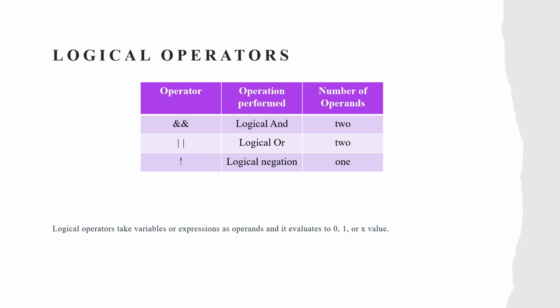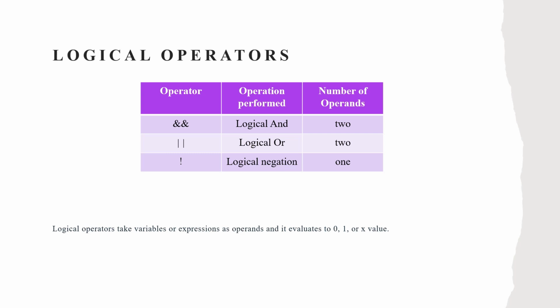If either of the operands is unknown, then the result will be unknown as well. The logical negation operator will convert a non-zero or true operand into 0 and a 0 or false operand into 1, and x will remain as x.